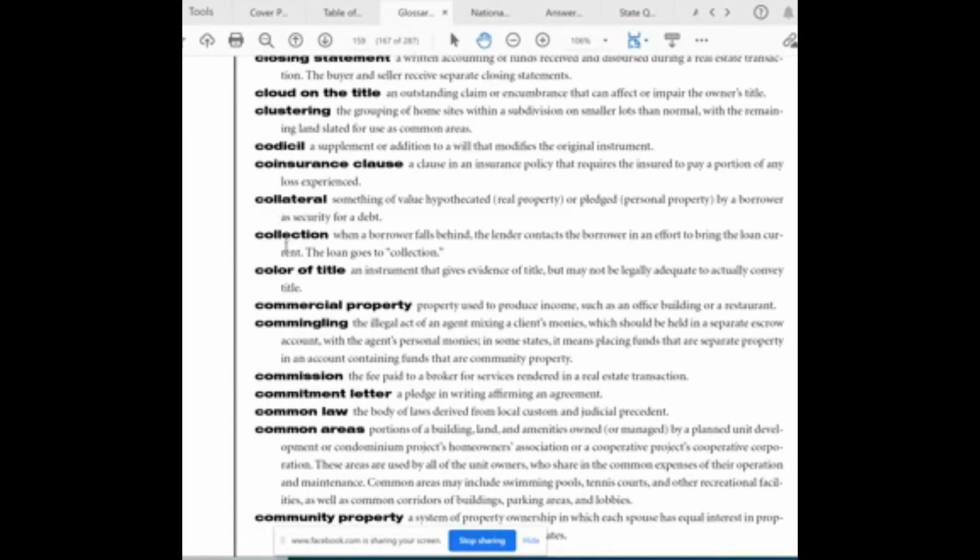Collateral, something of value, hypothecated, real property, or pledged, personal property, by a borrower as security for a debt. So let's say you want to get a loan, and I have experience doing this. When I was in Oregon, we wanted to get a loan to do another garage.